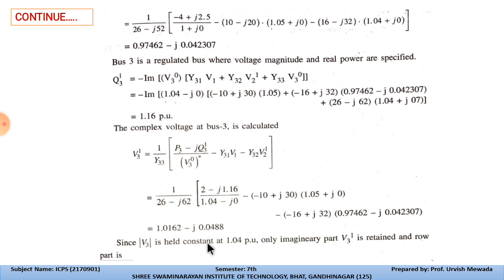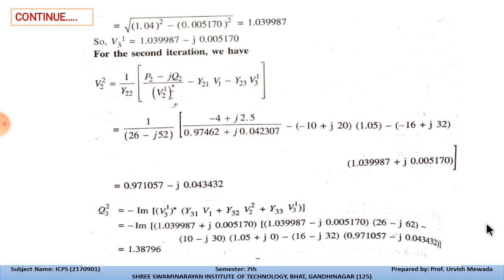Since V3 is held constant at 1.04 pu, only the imaginary part of V3 1 is retained, and the real part is the square root of 1.04 squared minus 0.0517 squared. That will be 1.039987. So V3 1 will be 1.039987 minus J0.005170. That is how we form V3 1.